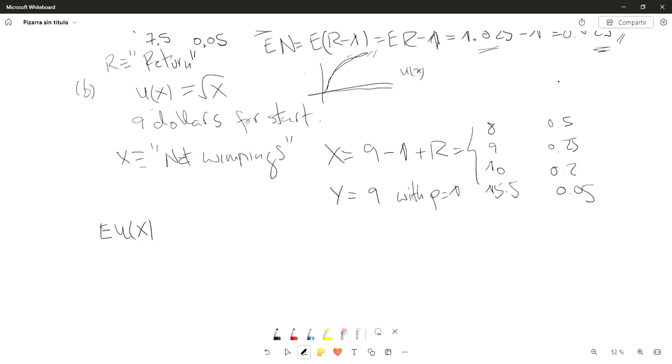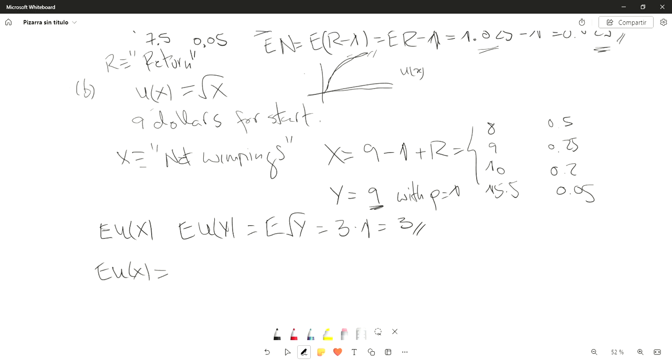Now we will compute the utility for x and the utility for y. Utility for y is the expected value of the square root of y, which is, since y is 9, 3 times 1, so we have 3.